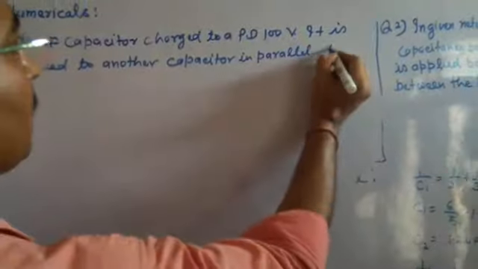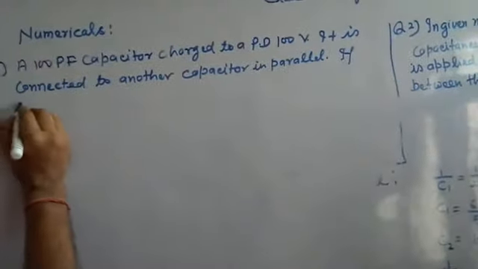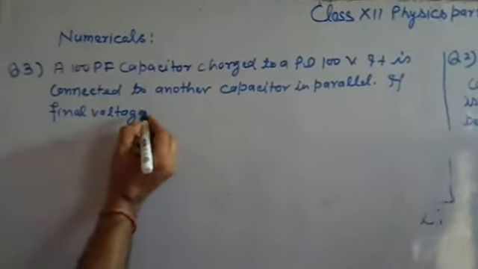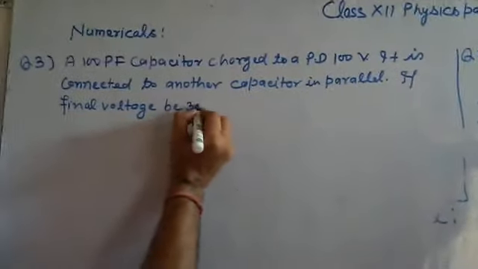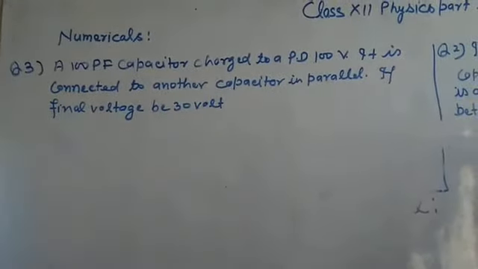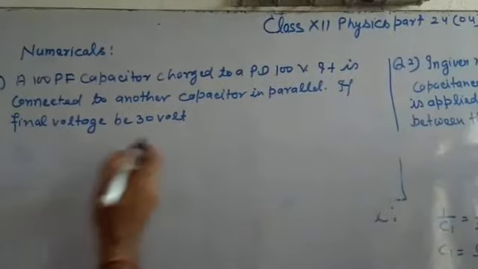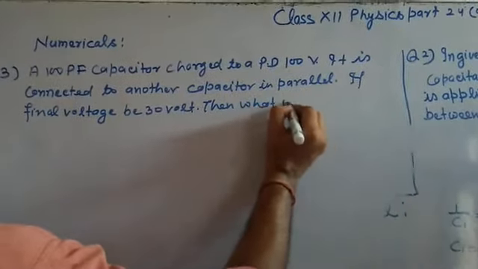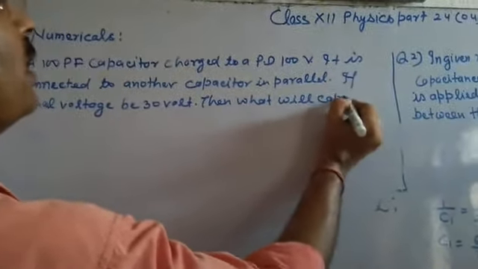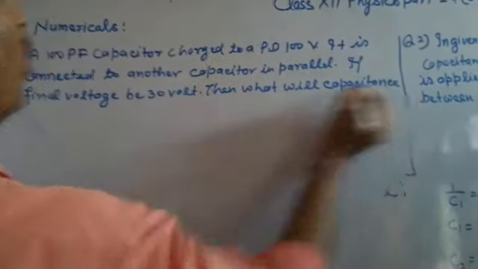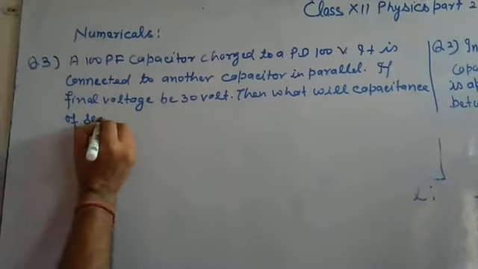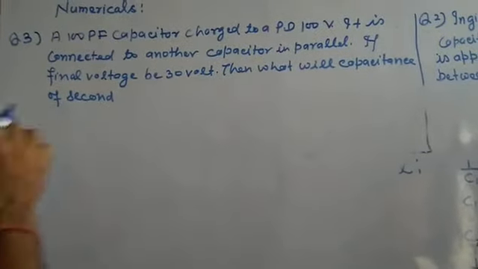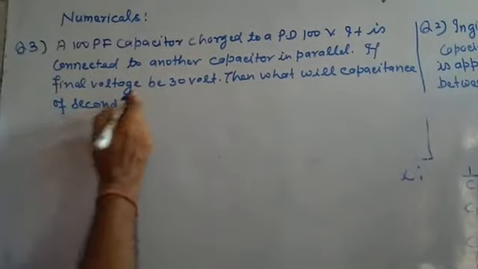If the final voltage is 30 volt, then what will be the capacitance of the second capacitor?